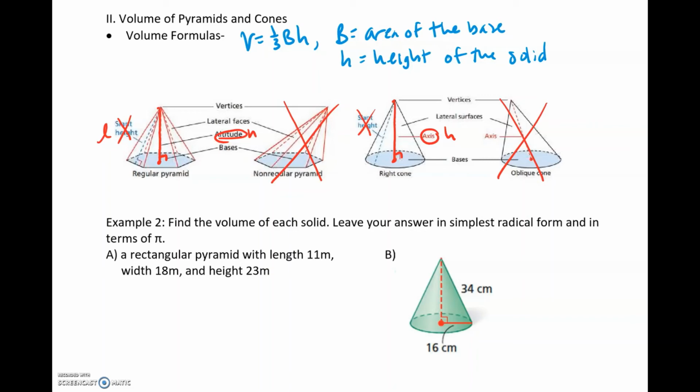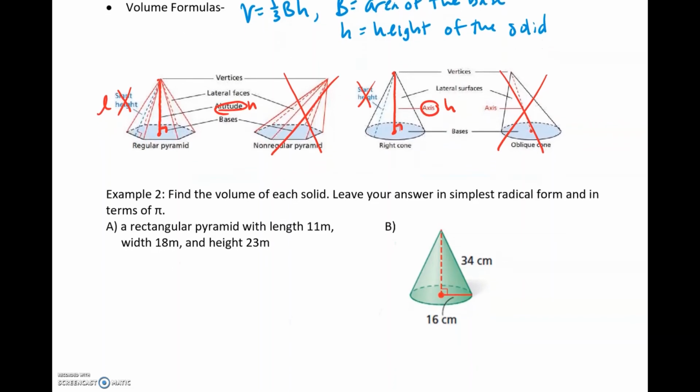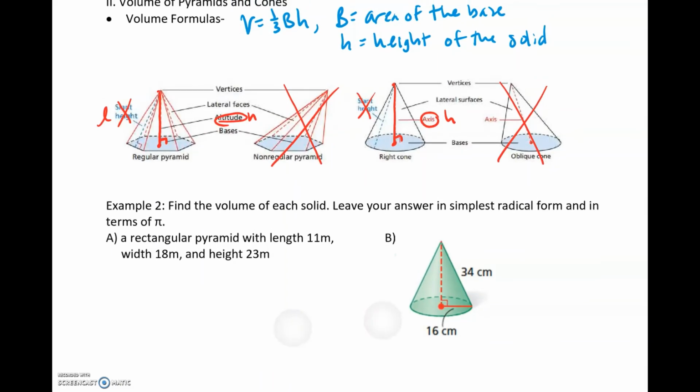Okay, so 2 examples and we'll wrap up here. Oh, before I forget, the second formula here, if you want to know it just for the cone: remember for your pyramid, the base shapes differ, so you could have a hexagon, you can have a square, you can have a 12-sided dodecagon, right?